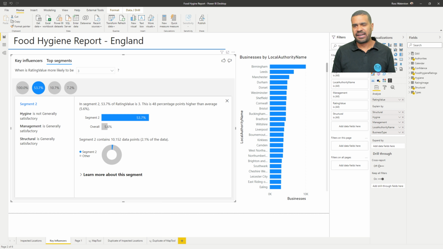One of the things we've used here is this visual. If we zoom in on it, you can see it's text-based. We've got some text, we've got some numbers.